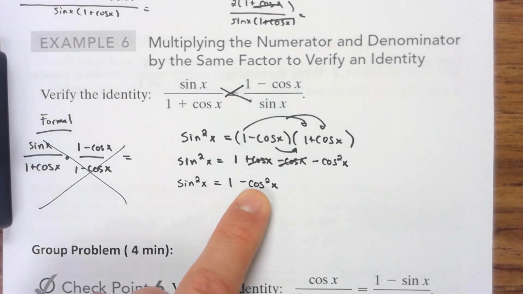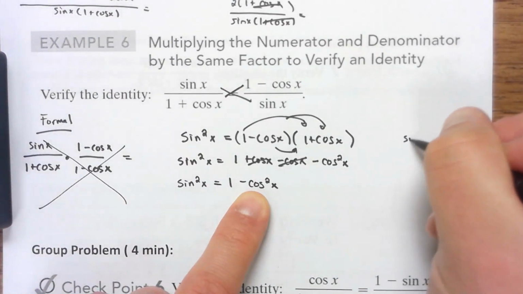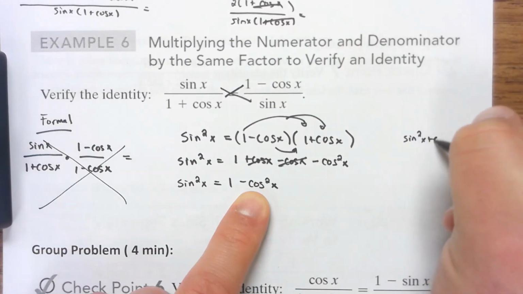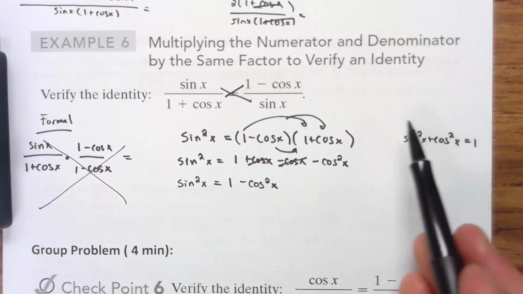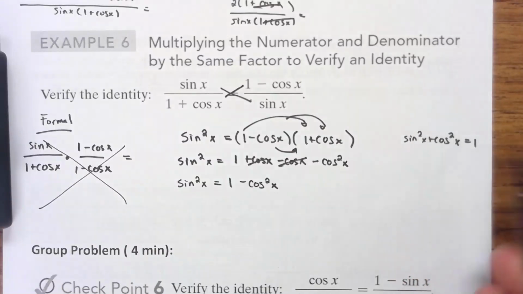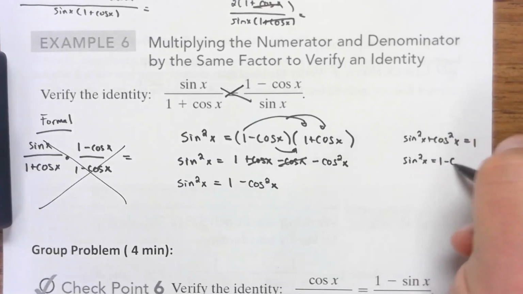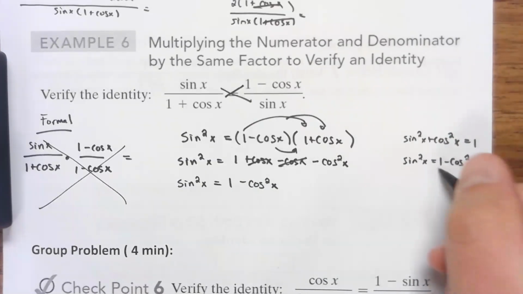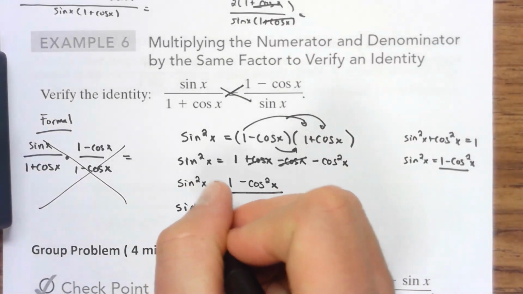And we saw this yesterday where we have a Pythagorean identity that says sine squared of x plus cosine squared of x equals 1. Well, if we subtract cosine squared of x, I get 1 minus cosine squared of x, which matches up with where that right side is, and that is equal to sine squared of x.